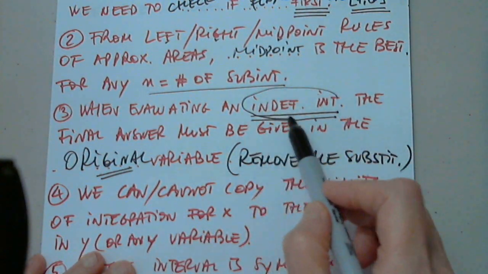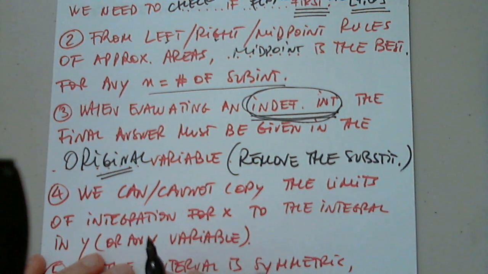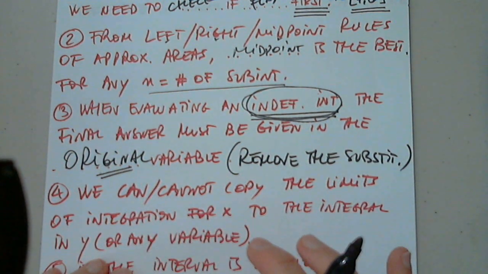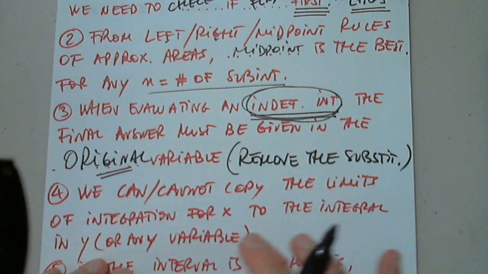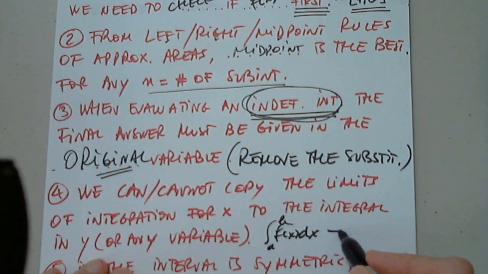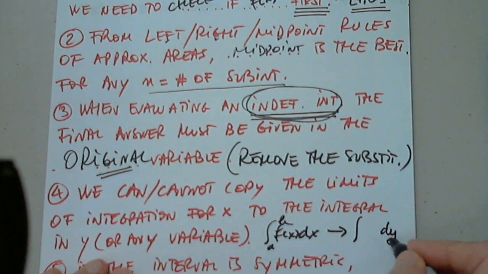For a definite integral, can we copy the limits of integration for x to the integral in y or any variable? So I have the integral of f of x dx from a to b, and I go to an integral in y. Can I copy these limits here?